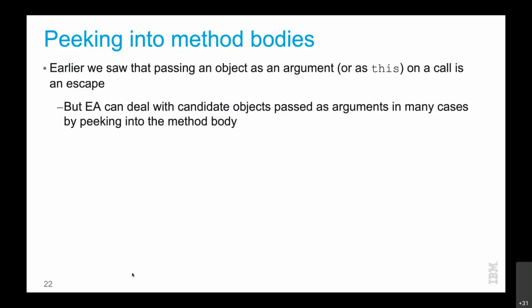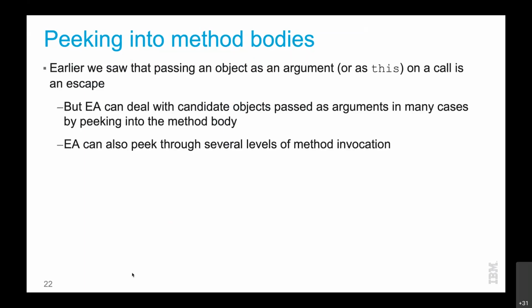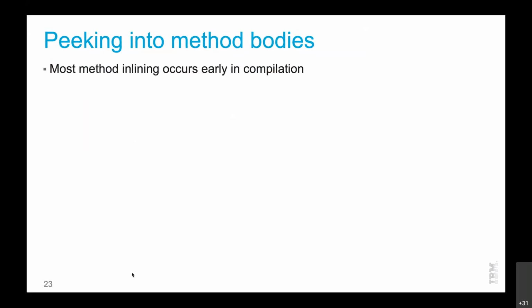But EA has the possibility of dealing with candidate objects that are passed as arguments, in many cases by peeking into the method implementation. It can also peek through several levels of method invocation. So if EA peeks into method A and that calls method B, it can also peek into method B, and so on, to see how the argument is being used.